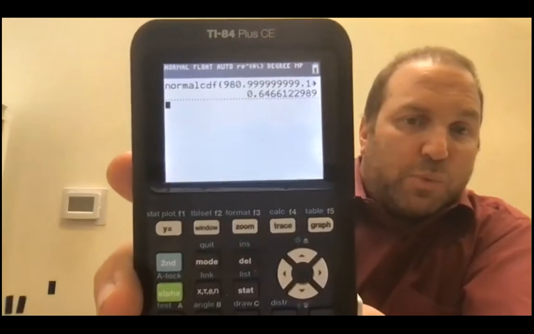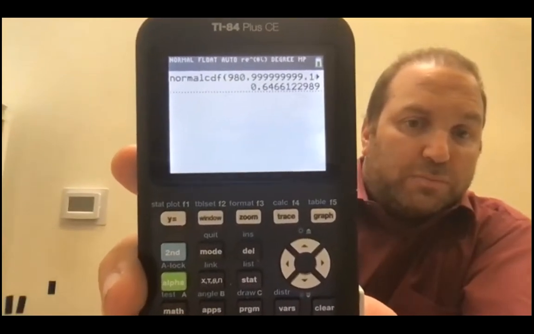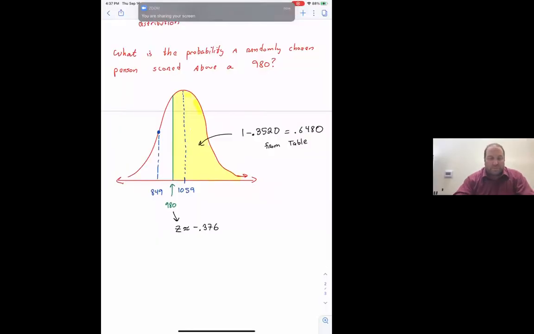Seems fairly close to what we got from the table, correct? Just a little more accurate. That table, can we find it in the back of the textbook? The table's in the back of the textbook. You can also do a Google search for a standard normal table, and it will give you one as well.